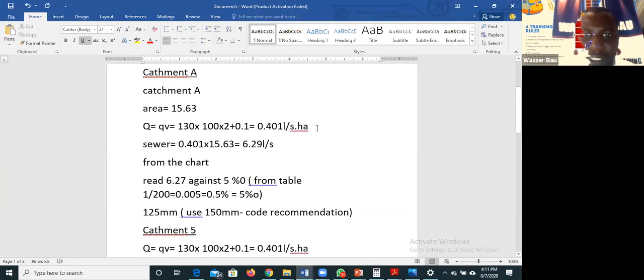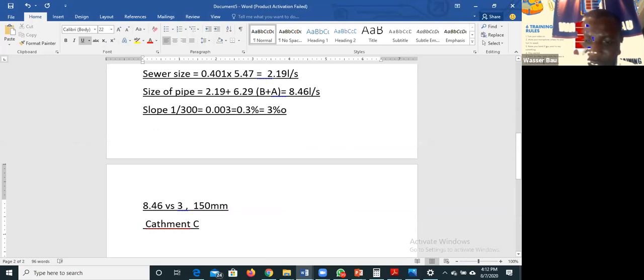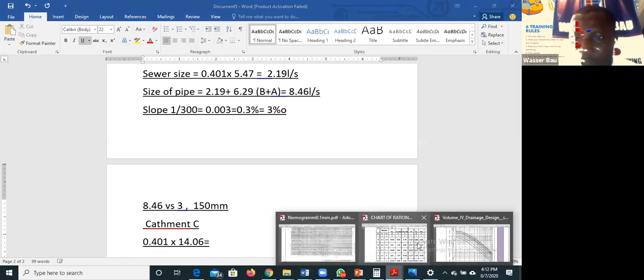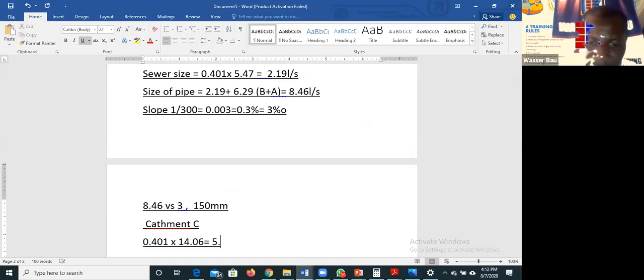Why should I be repeating this? For catchment C it is simply 0.401 multiplied by the area, 14.06. And that will give us 5.64. You can confirm, 5.64.